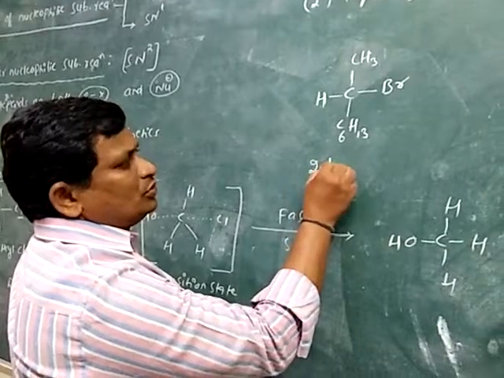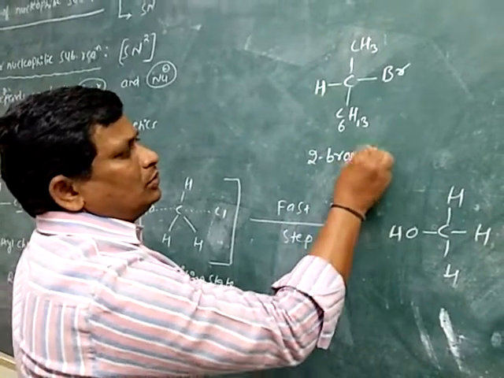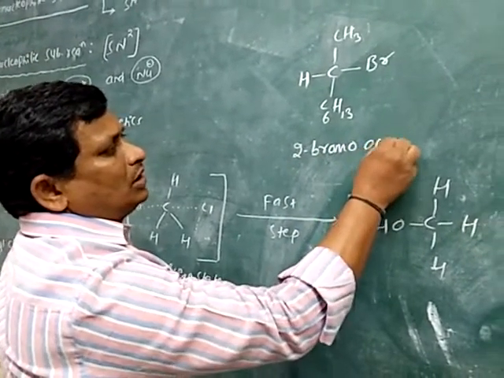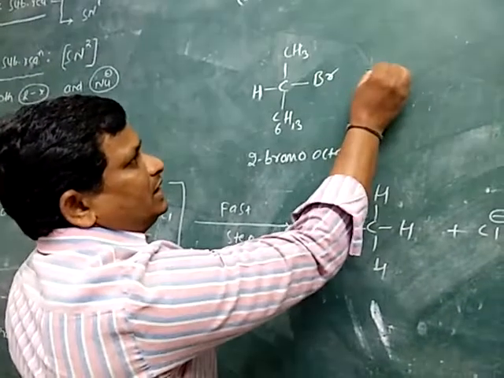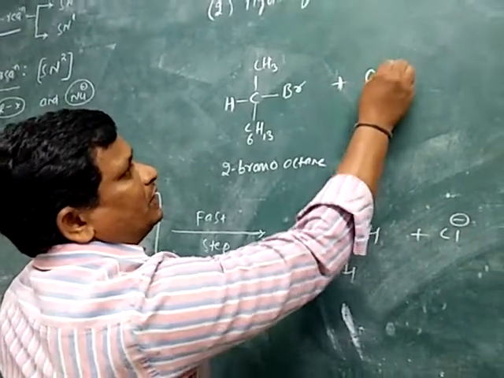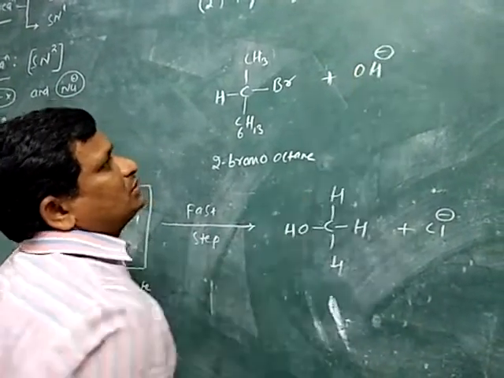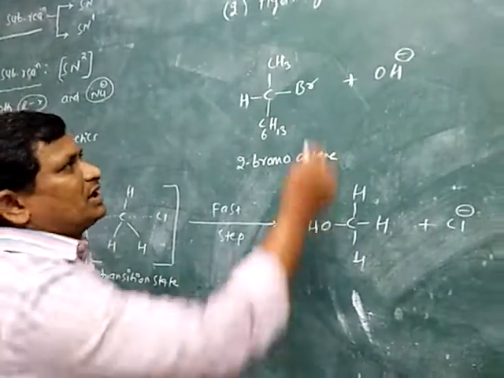So this is 2-bromooctane, which reacts with the nucleophile OH minus.